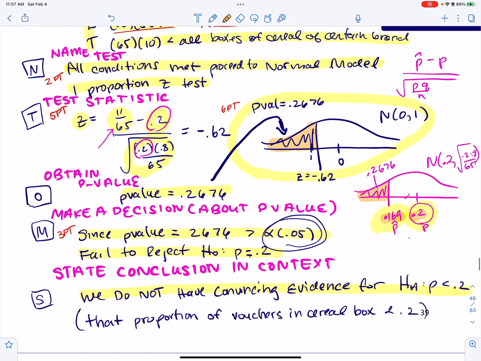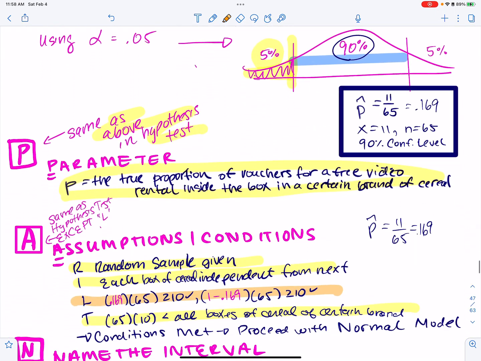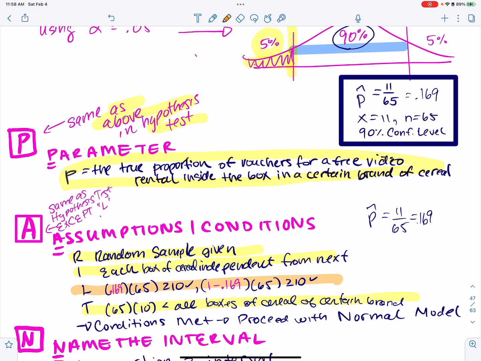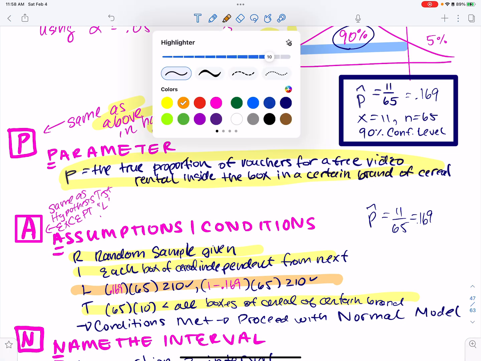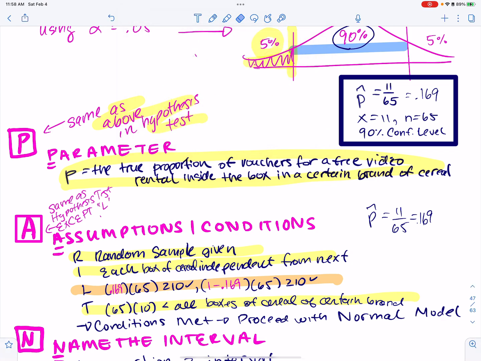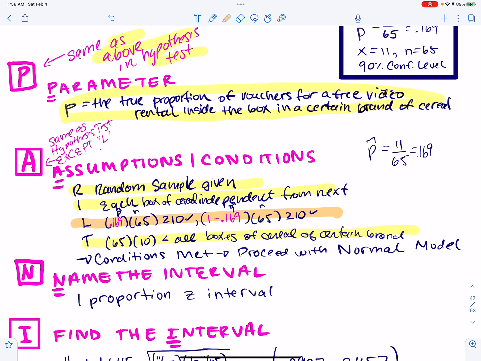That's what the model is built on. However, in the confidence interval, the model is about my p hat. The model is built around p hat, so I have to use n p hat, that's p hat, and that's q hat. Where before, of course, I used p and q. So that's the only thing that's different, but everything else is identical to the hypothesis test so far.